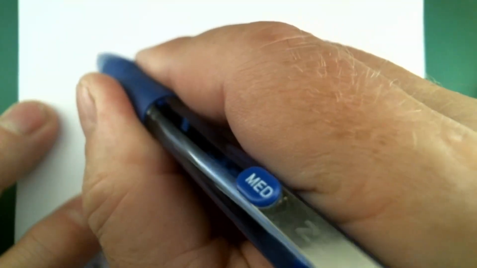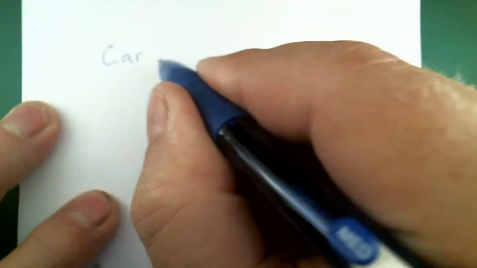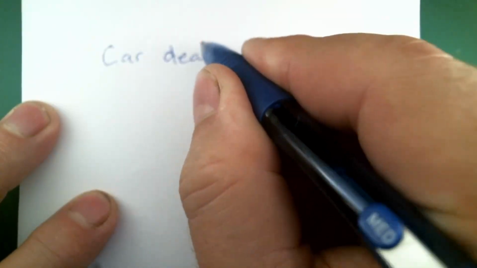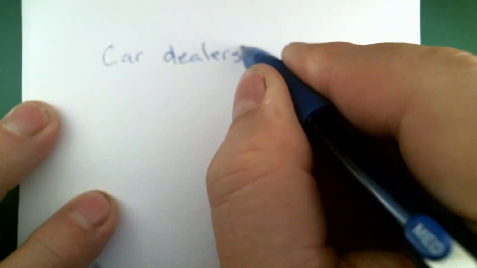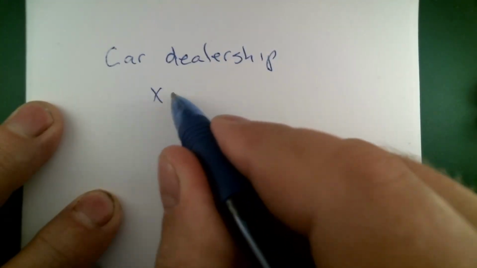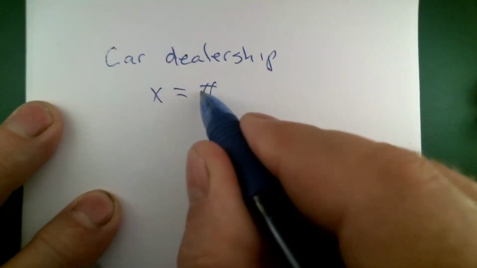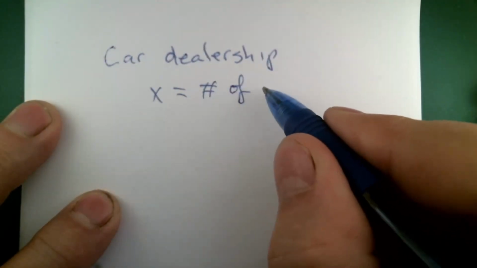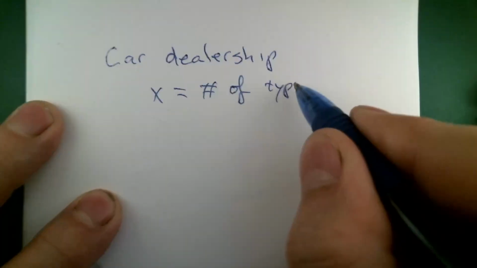All right, so let me pop over to my doc cam and we'll do a small example. I said we'd have a car dealership, right? A car dealership that has two sorts of cars they can sell. We're going to say x is the number of type A cars.